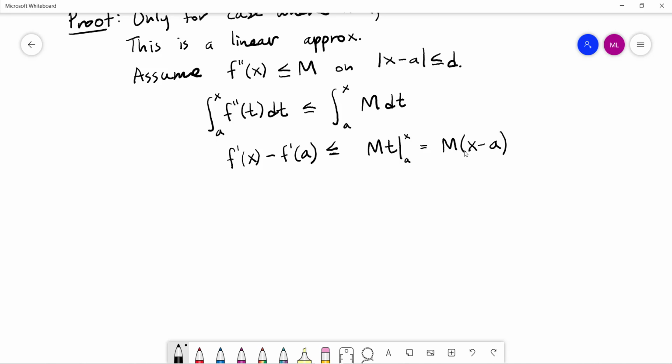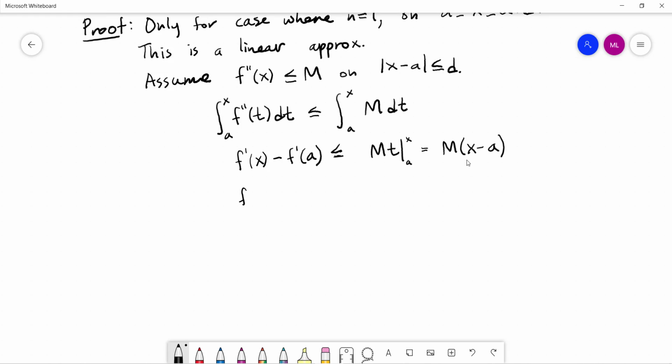Okay, so why do we care about this? If we rearrange some terms, notice that for f prime of x, I'm going to add f prime of a to both sides. It's less than or equal to f prime of a plus m times x minus a. And what we have here is the equation of a line.